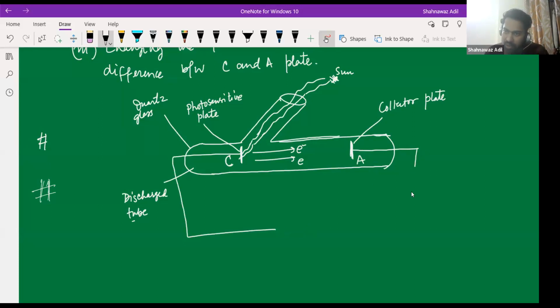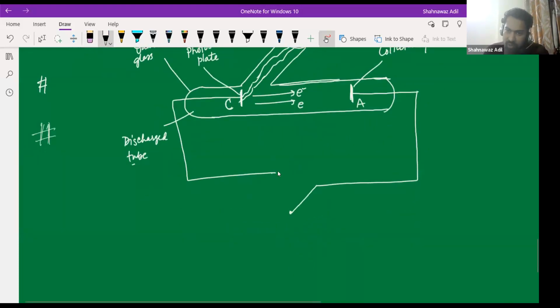Let's say this one is falling like this, then we have this one, and it goes like this, and from here we connect the potential so we can measure.